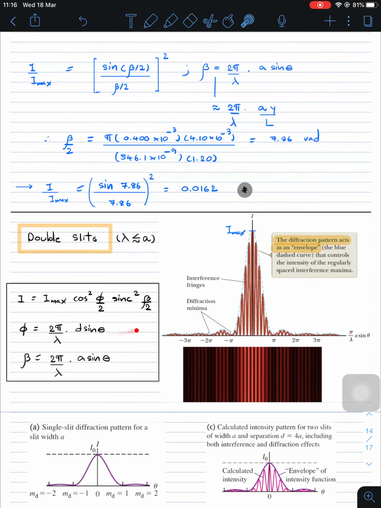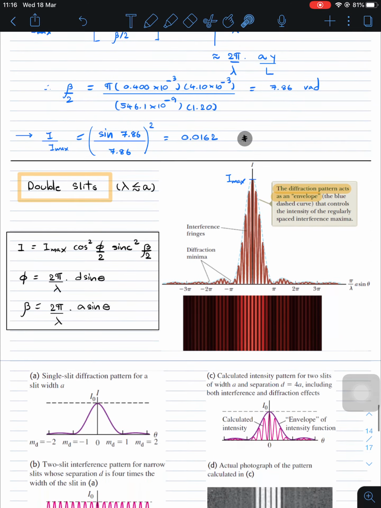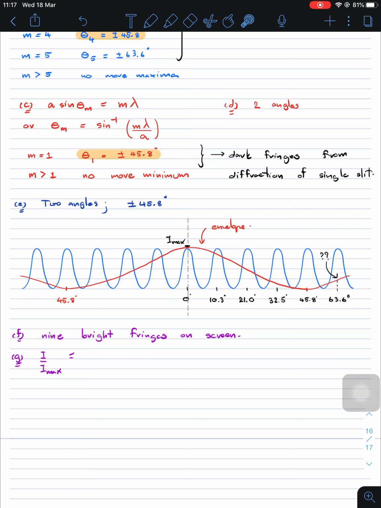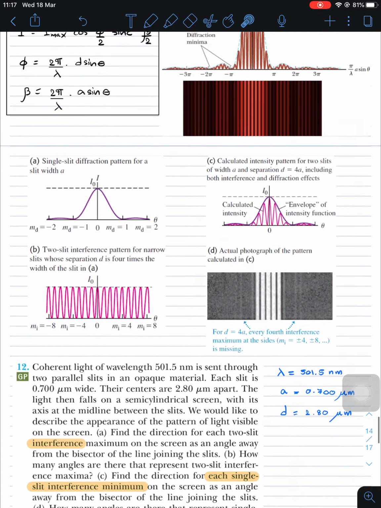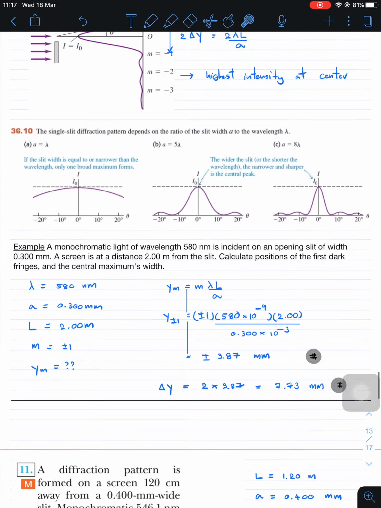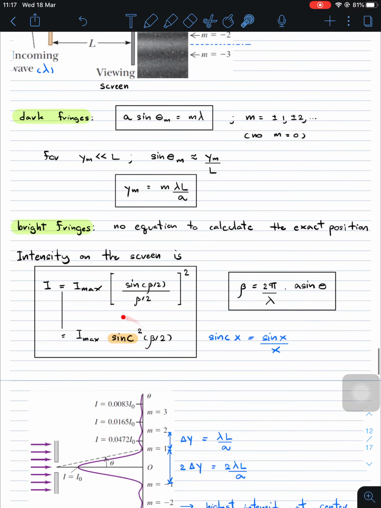actually you can use this one as well. But don't forget that right now at this angle, at 63.6 degrees, you will have the maximum from the interference, so cosine squared of phi over 2 is just equal to 1. You can use it and finally you will get this equation.